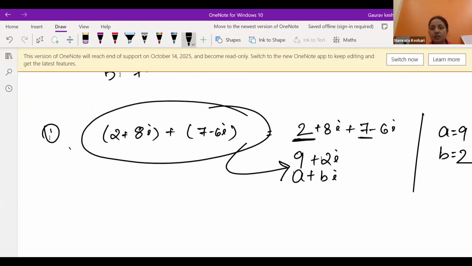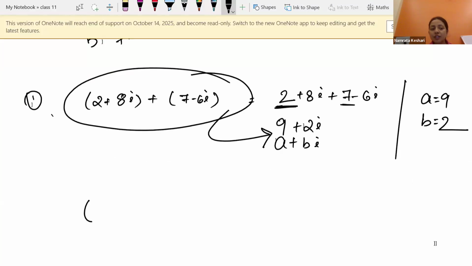So yeah, we are trying to write it in the standard form of the complex number. You can also have the given expression like 8 plus 7i whole square, and the question will be to simplify it and write it in the standard form, that is a plus bi. While dealing with this type of expression containing I, the imaginary unit, you can just treat it like any algebraic expression.